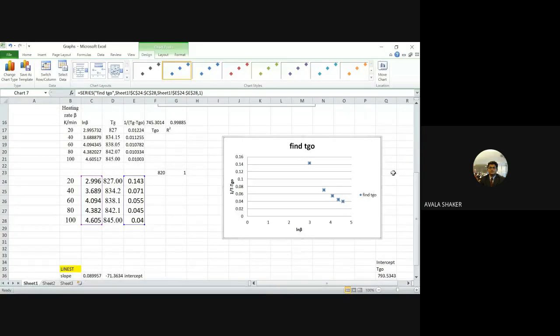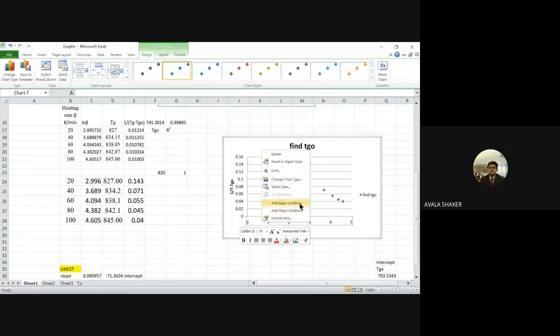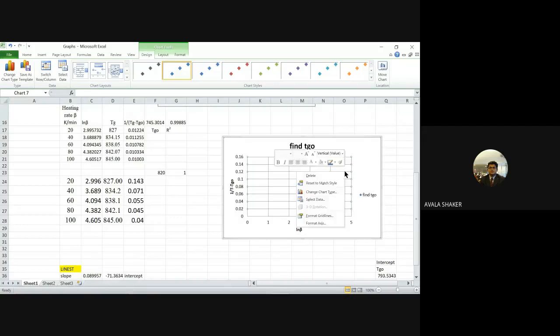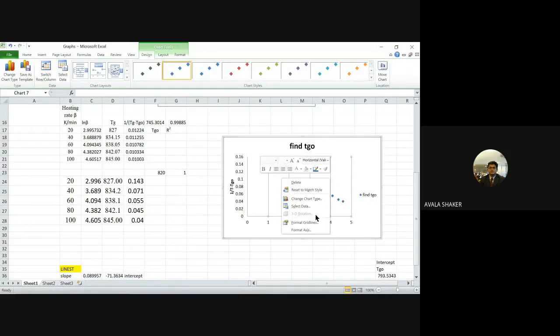So, whether we want these grid lines or not, or we want the grid lines for this. Add major grid lines, so it will add these grid lines. Sometimes you don't want these grid lines, so you remove this. If you don't want this also, you can remove this.